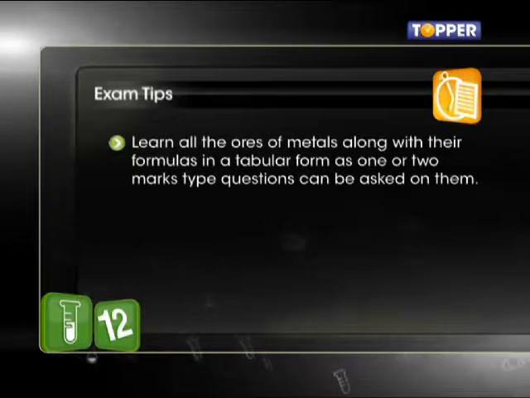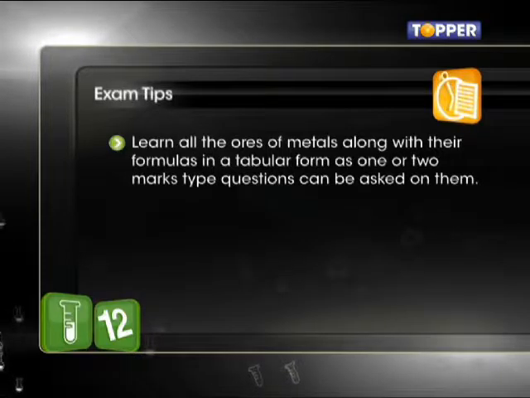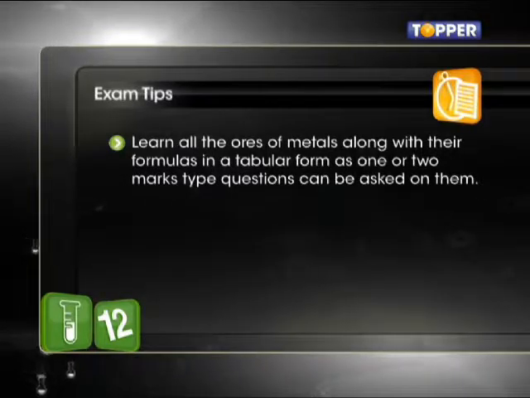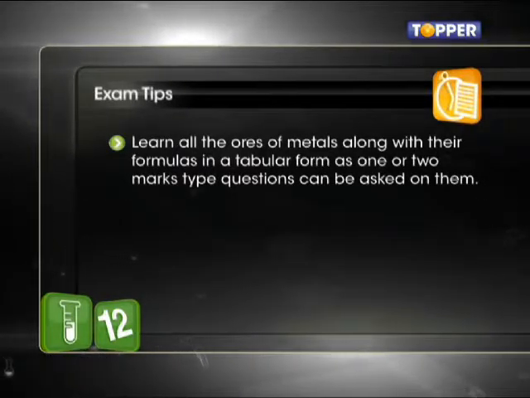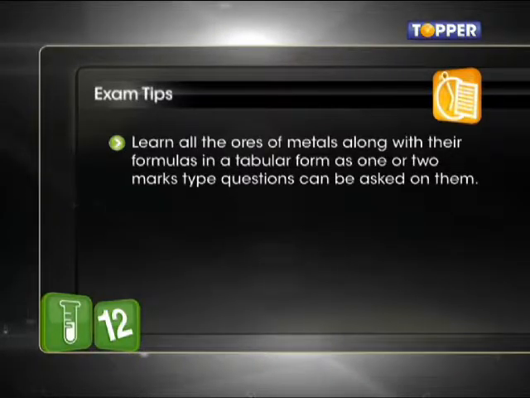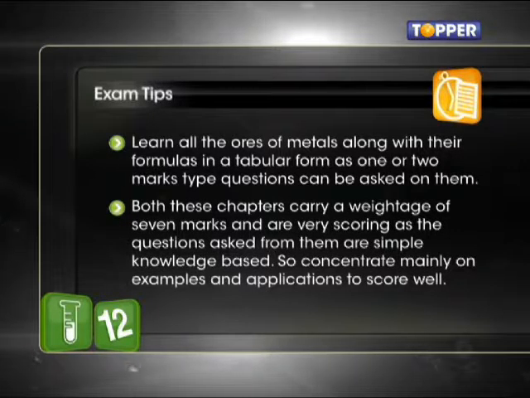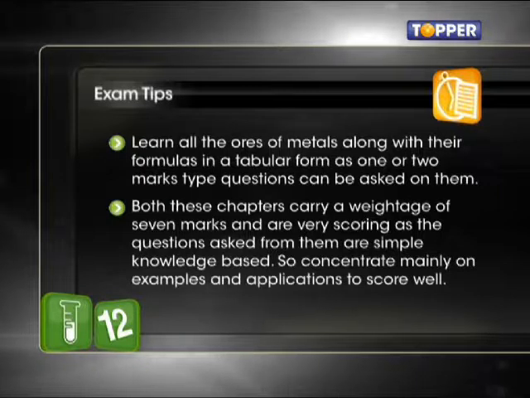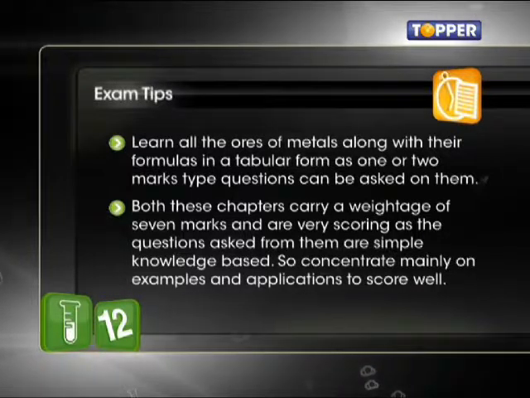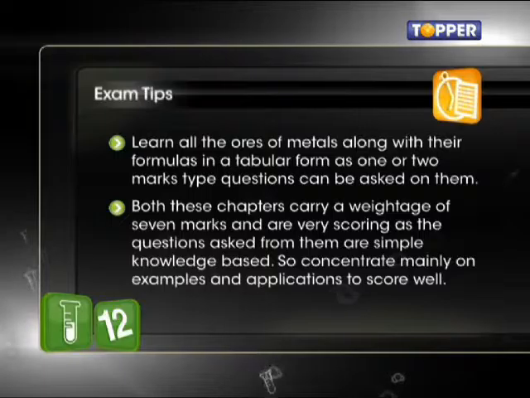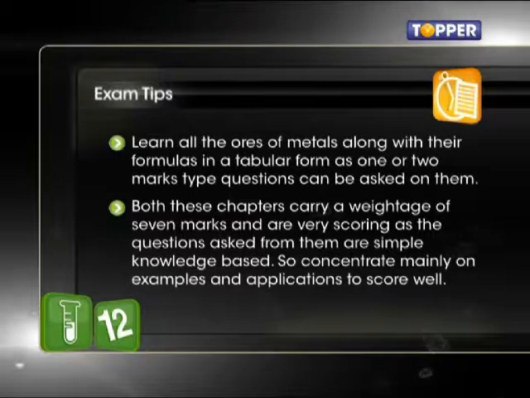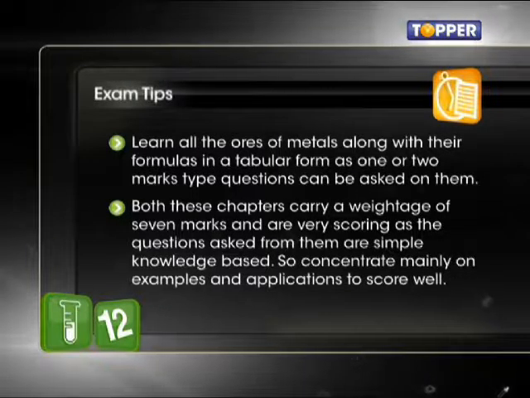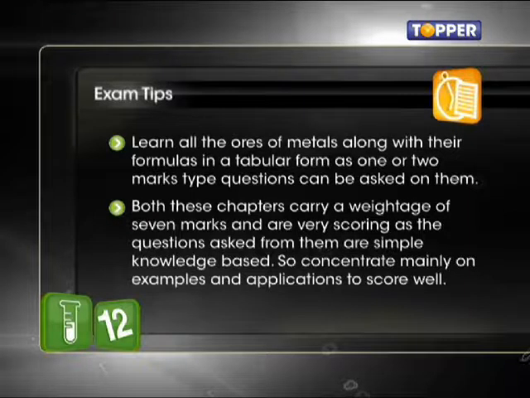Learn all the ores of metals along with their formulas in a tabular form, as 1 or 2 mark type questions can be asked on them. Both these chapters carry a weightage of 7 marks and are very scoring, as questions asked are simple and knowledge-based. So concentrate mainly on examples and applications to score well.